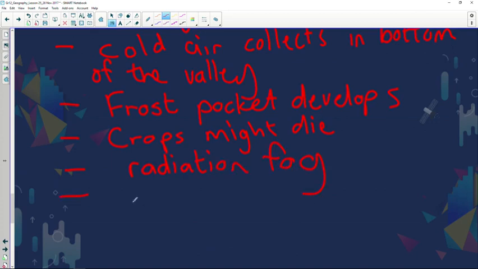That reduces visibility. And cold conditions can have a negative impact on your health. And there is no advantage of the thermal belt.